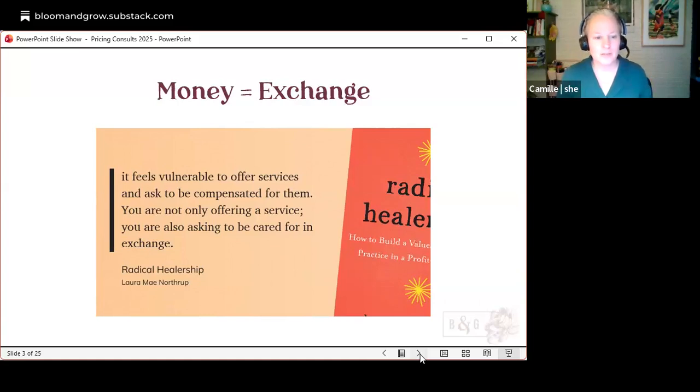I really appreciate this part of the book where she says there's a vulnerability in asking to be compensated, because you are saying I have something to offer and I want something in exchange.